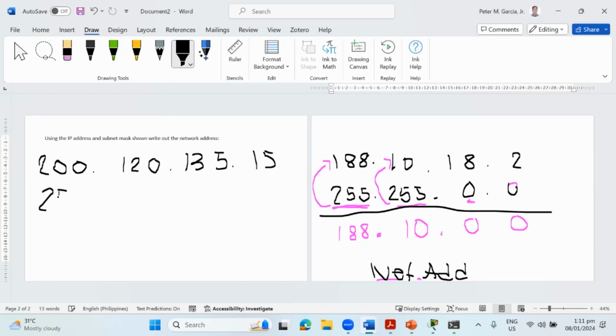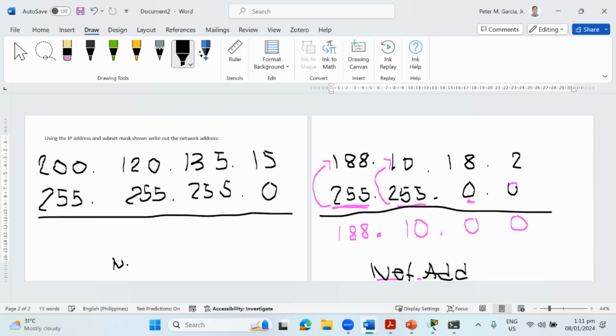Subnet mask niya ay 255.255.255.0. What will be the network address? So ang ruling natin kapag network address ang hinahanap, kapag ang subnet mask ay 255, simply copy the value above.